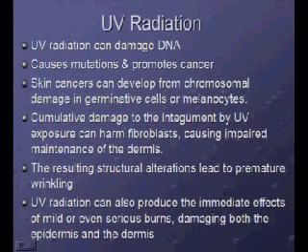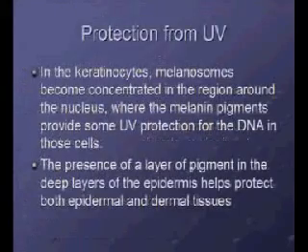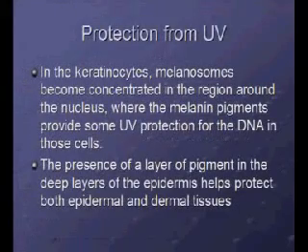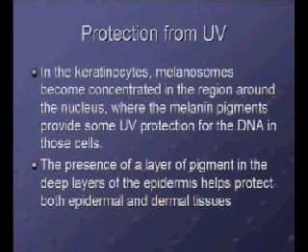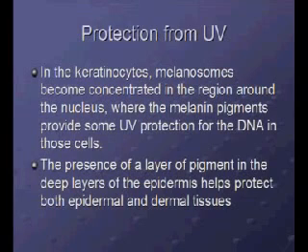UV radiation can also produce an intermediate effect of mild or even serious burns, damaging both the epidermis and the dermis. Now, you can avoid some of the UV radiation by a variety of protection techniques. Obviously, exogenously, we can apply sunscreen, sunblock, and protective clothing to help protect our skin.